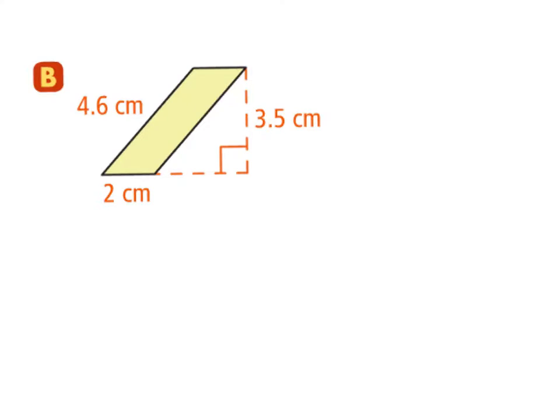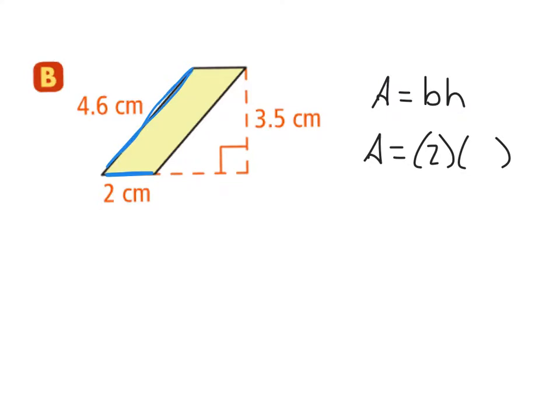On our next one, again, it's a parallelogram. Area equals base times height. There's our formula. What are we going to use for our base? Two. Very good. Remember that the base has to be a side of our polygon. So that means we only have two options for the base, either 2 or 4.6.